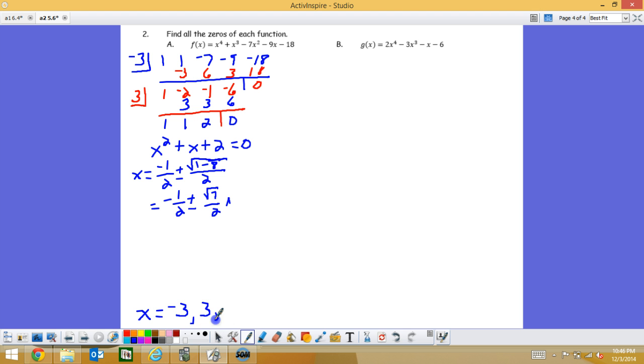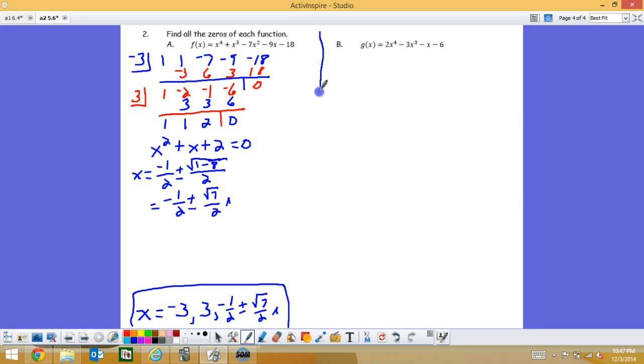So our other two zeros are negative 1/2 plus or minus square root of 7 over 2 i. So those are the four zeros: negative 3, 3, negative 1/2 plus square root of 7 over 2 i, and negative 1/2 minus square root of 7 over 2 i.